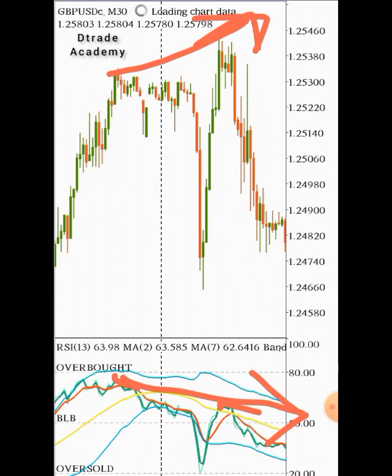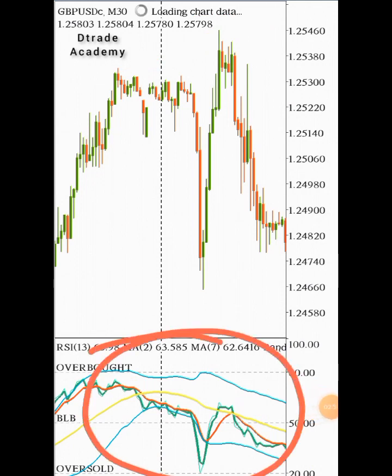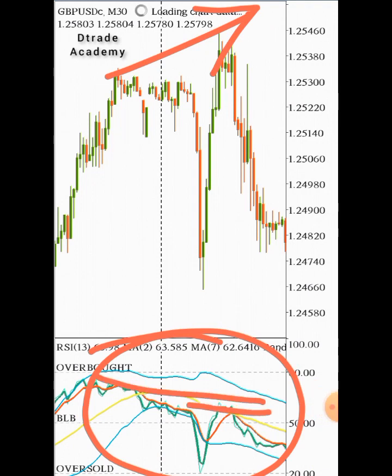What do you see? We see price going in opposite direction. So when we want to trade, we trade the direction of our TDI divergence. This gives us an up movement, while this gives us a down movement. That means we are going to be selling.